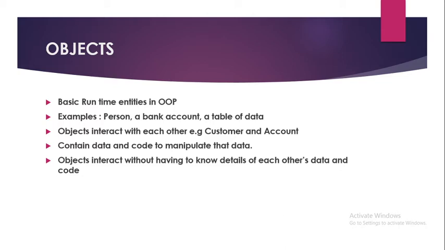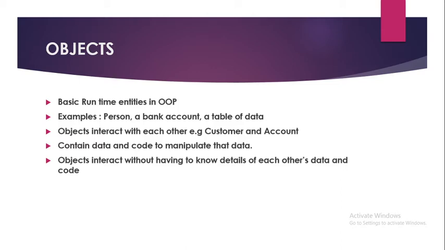The customer object may have much more information, Aadhaar number, PAN number, whatever it is, and the account object can also have many more details. But while doing the interaction between customer and account, the only important thing is the account number.